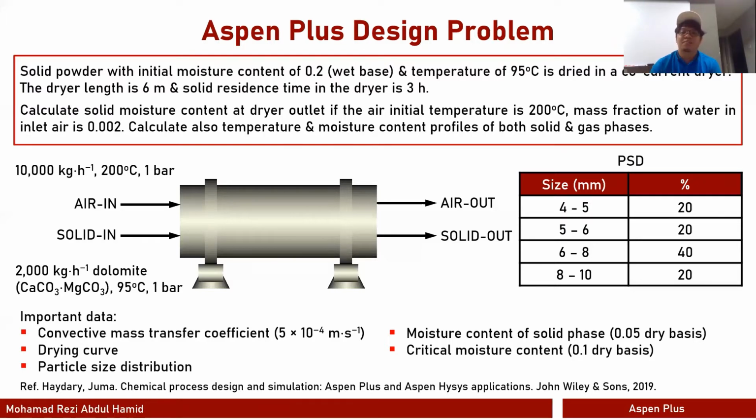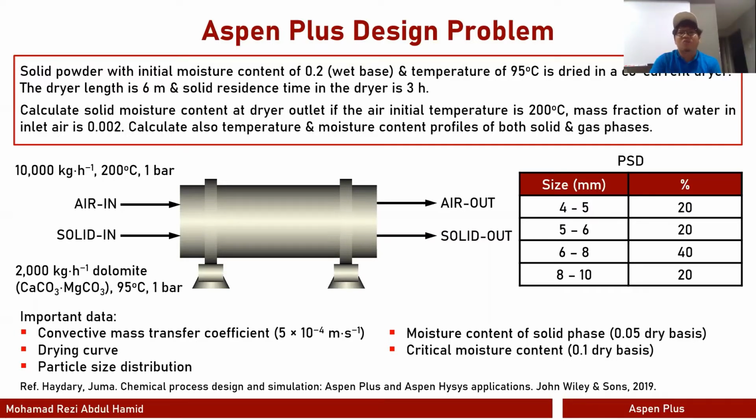Actually, if you ask me what dolomite is, to be honest, I do not know much about dolomite, except that I know dolomite is a solid crystalline material in a powder form. The chemical formula of dolomite is calcium magnesium dicarbonate, meaning that it has calcium, magnesium, as well as carbon and oxygen existing in a carbonate form.